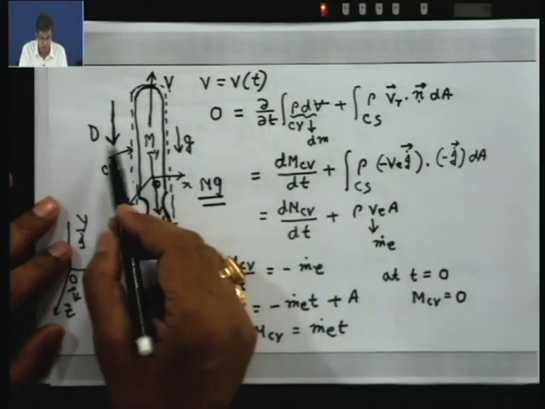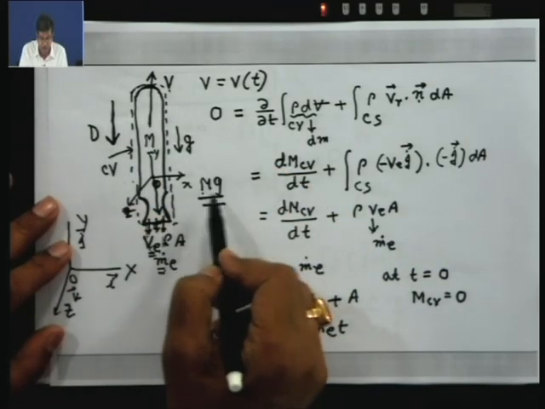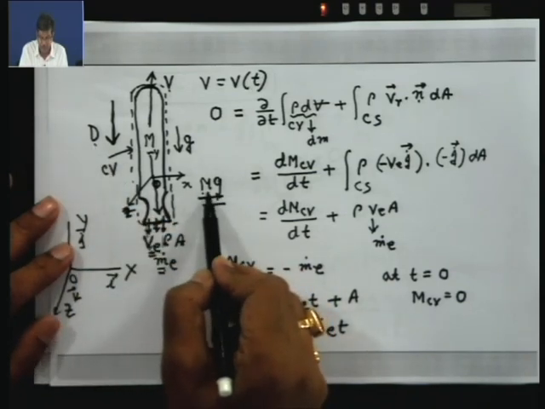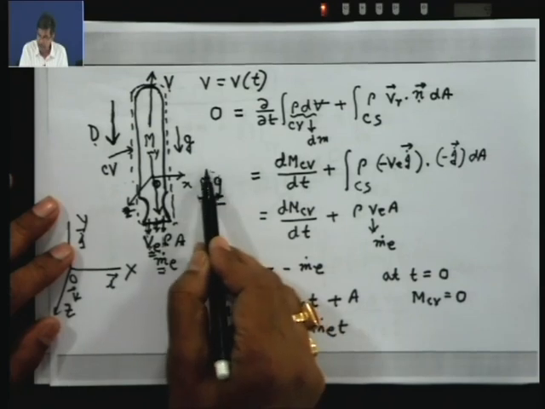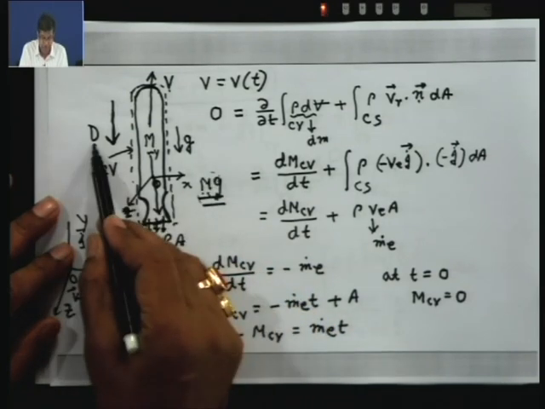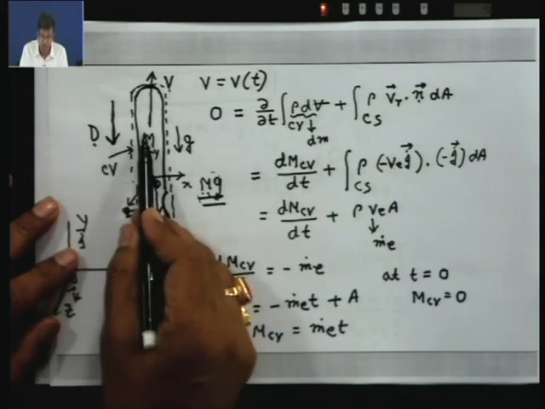So you see both the forces D and m into g at any instant are instantaneous values, because mass is changing with time. So the weight acting vertically downward is changing with time. Again D is a function of time, since D depends on the velocity, which is a function of time.